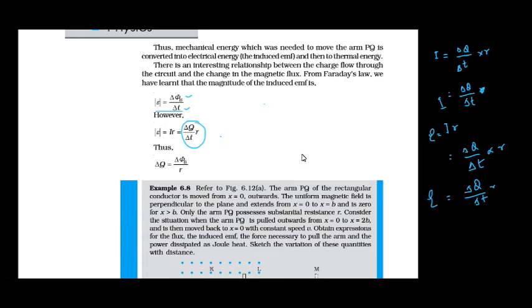Now if we equate these two equations, what will we get? Instead of modulus E, can we write this here? Of course we can. So delta phi B upon delta t is equal to delta Q upon delta t R. Now delta t gets cancelled.